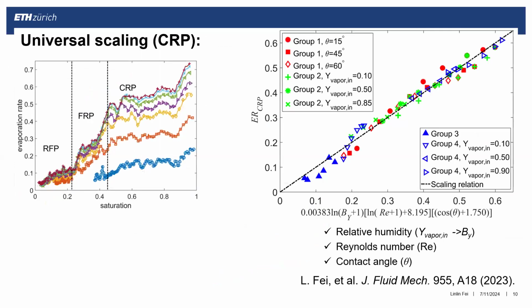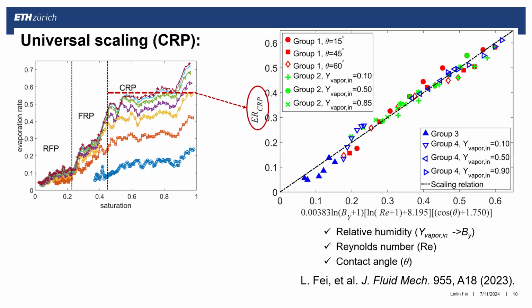And moreover, we have done a lot of simulations by varying the contact angle, the inflow vapor concentration, and also the Reynolds number. Because CRP is usually most important, we studied the average evaporation rate in CRP, and we found a universal scaling law. As shown here, it works quite well within a wide parameter range.